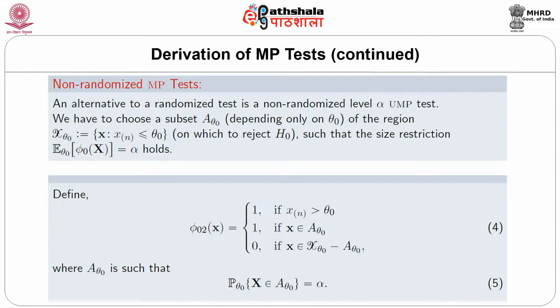So, phi naught 2 x is 1 if x order n is greater than theta naught, and 1 if x belongs to a theta naught, and 0 otherwise. And a theta naught is such that the probability x belongs to a theta naught is alpha.